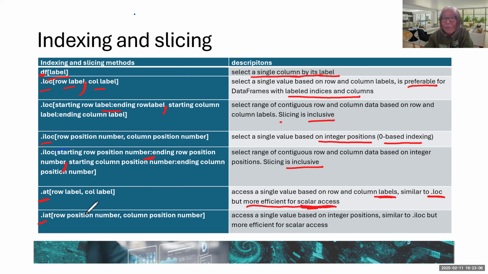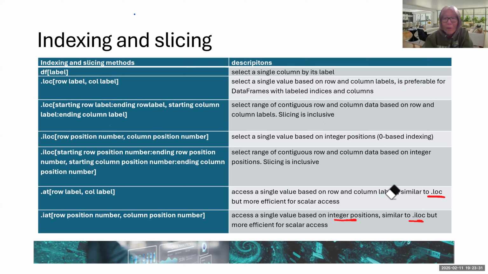Scalar access, so keep this in mind. Data.iat is based on integer position, like data.iloc, but more efficient for scalar access. We are going to use all of this a lot, because you are going to do data manipulation for data analytics.